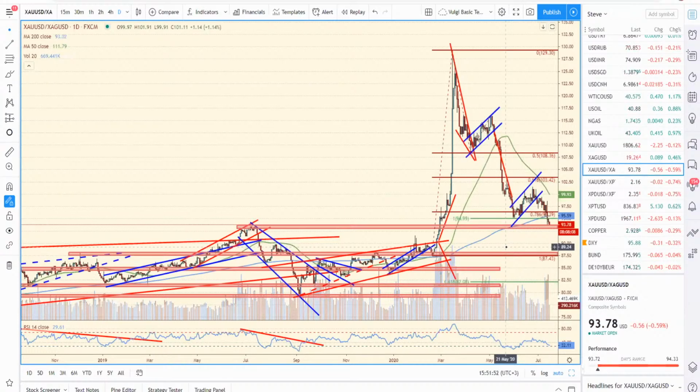Yeah, and worst case scenario, you can turn it back, right? If you did that at 120, obviously top picking is not easy, but even if you did it at 120, you can just turn it back to gold as we speak, and you made quite a nice, extra profit in gold terms in very, very little time.